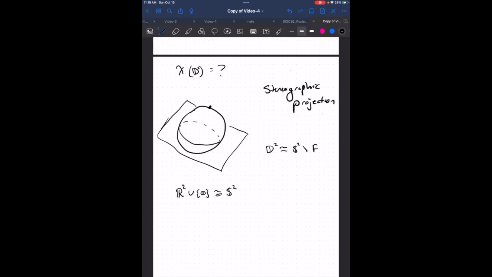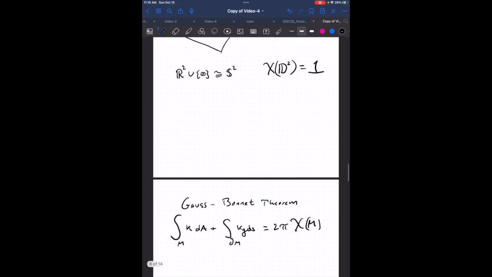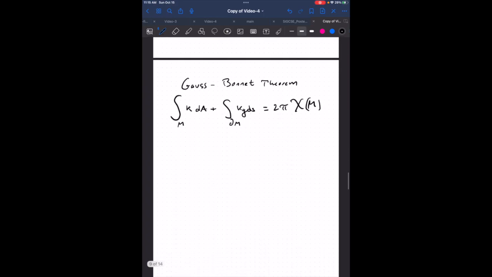So using this reasoning, we removed one face from our triangulation, so we'll get the Euler characteristic of the disk is equal to 1. And we saw that when we considered the triangle earlier. So we'll certainly see other surfaces, but the sphere and the disk are going to be particularly useful. So we have those two things, which is nice. Okay, so that's all the pieces of the theorem.